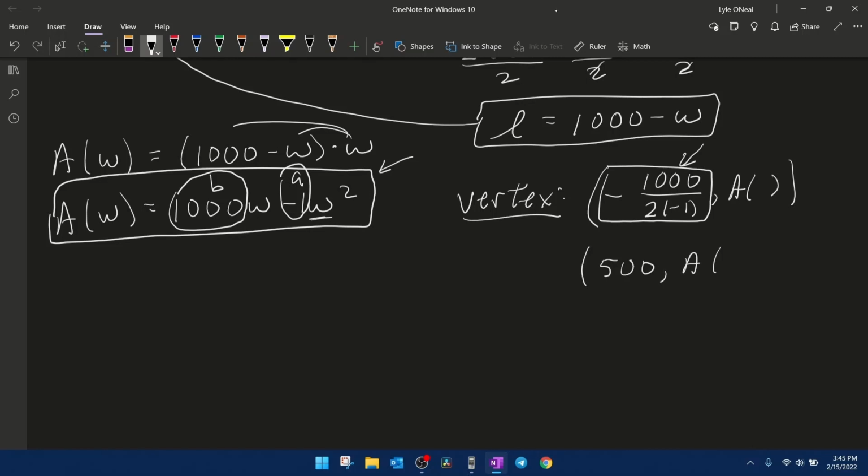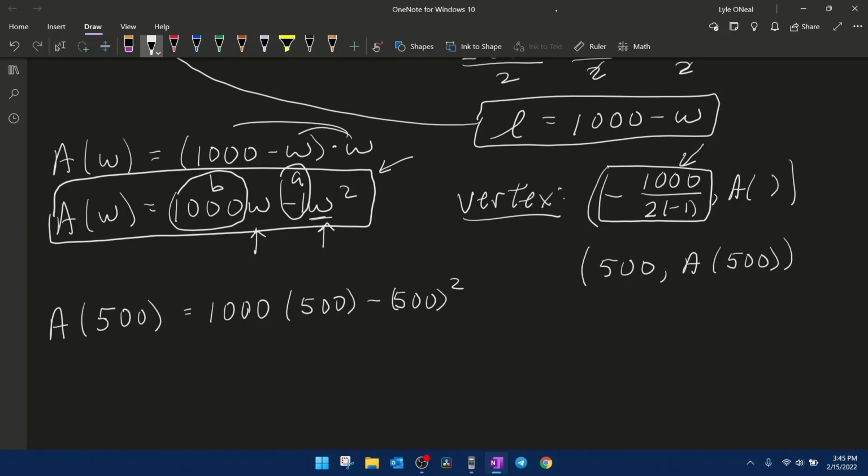And then if I plug into the function, replacing each W with 500, that will give me the maximum area. Now, I don't know if they asked for it, but we're going to go ahead and calculate that just in case we need it. That's going to be 1,000 times 500 minus 500 squared.